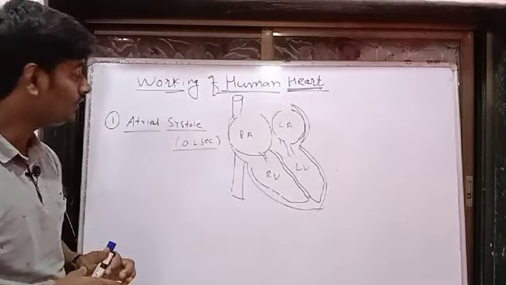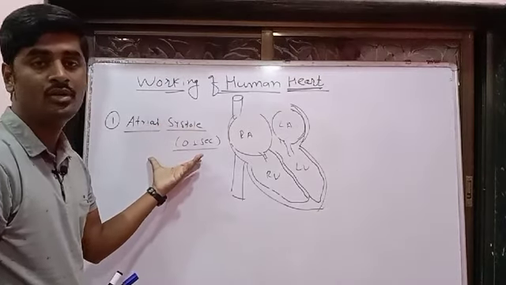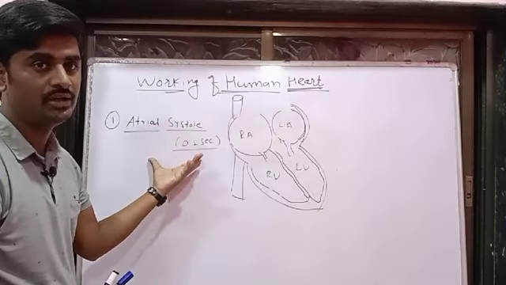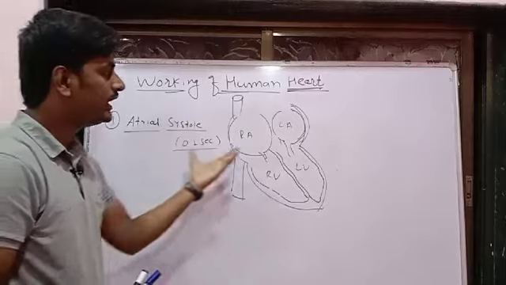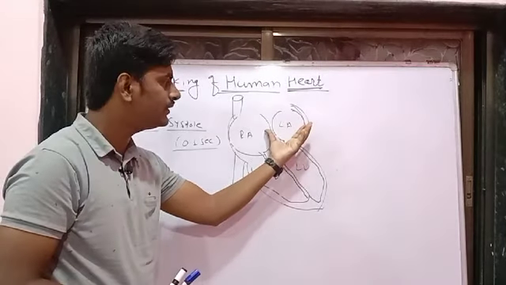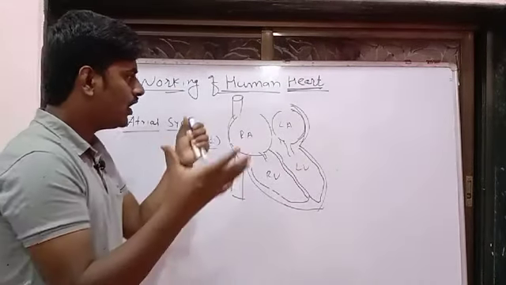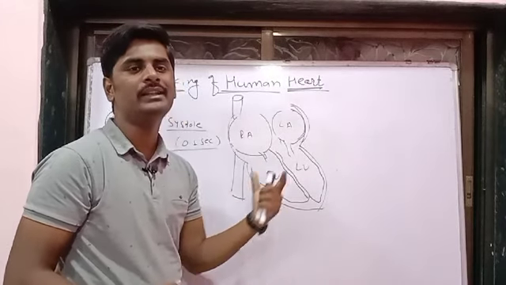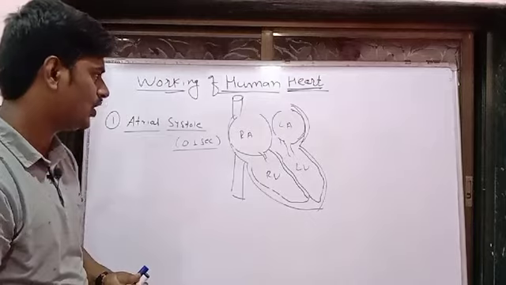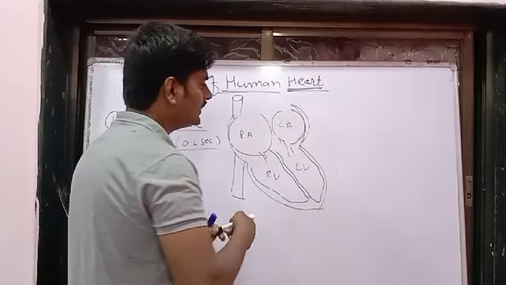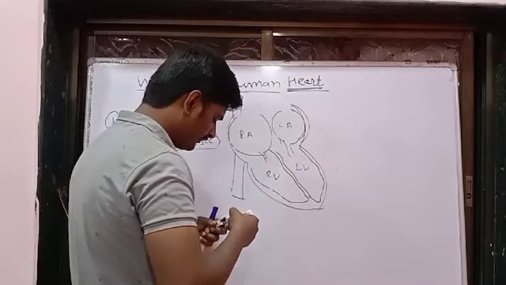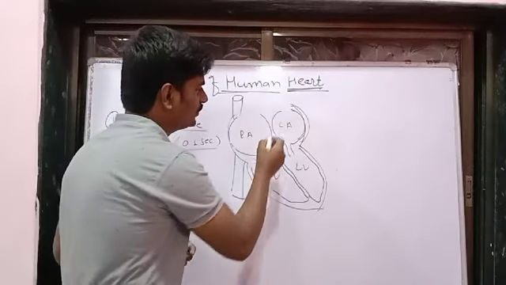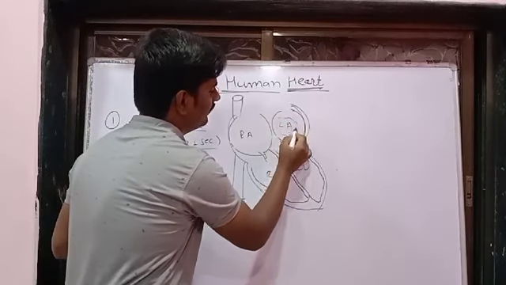But when the atria undergo contraction, what kind of changes take place inside the left auricle? All of you know that the left side of our heart always contains which blood? Oxygenated blood. We always denote this oxygenated blood by the red color.